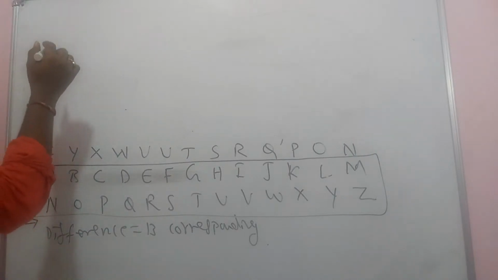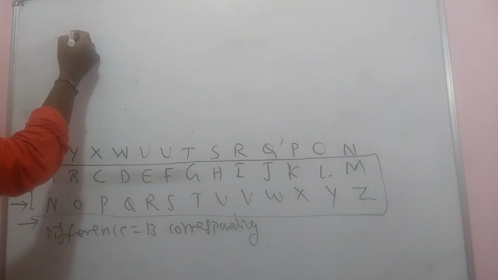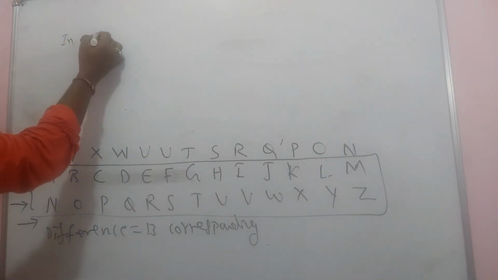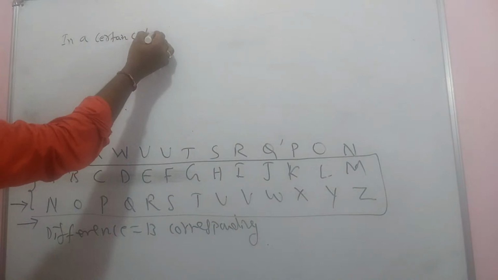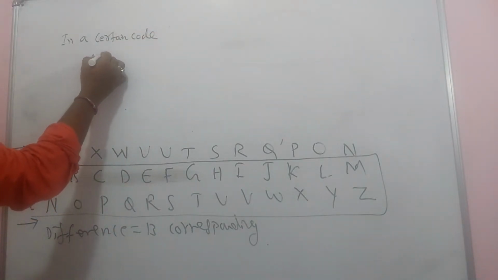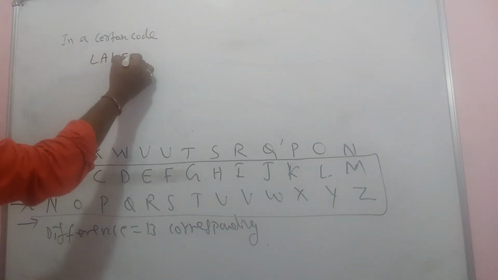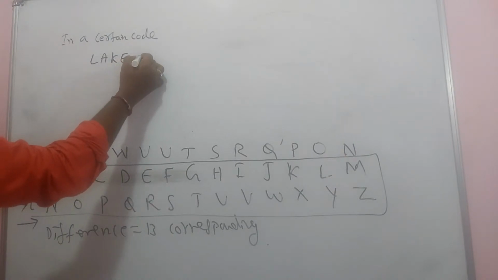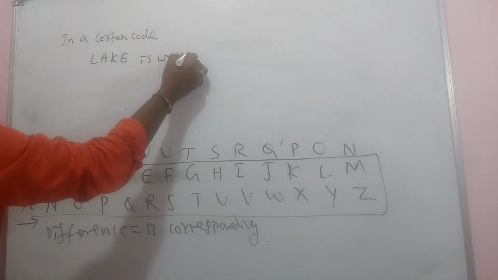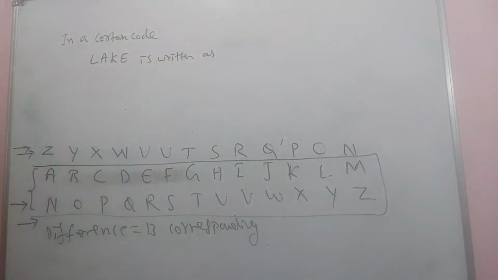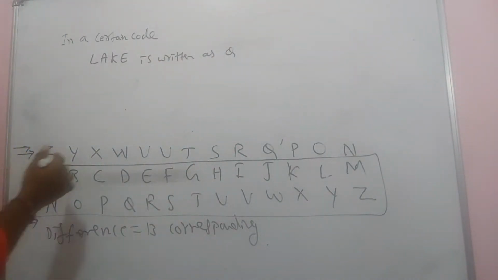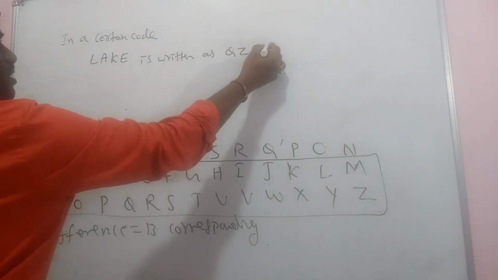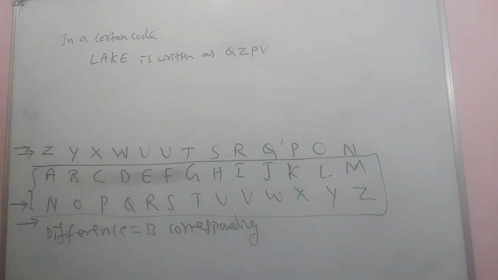In a code language, they give it like this: in a certain code, LAKE is written as QZPV.